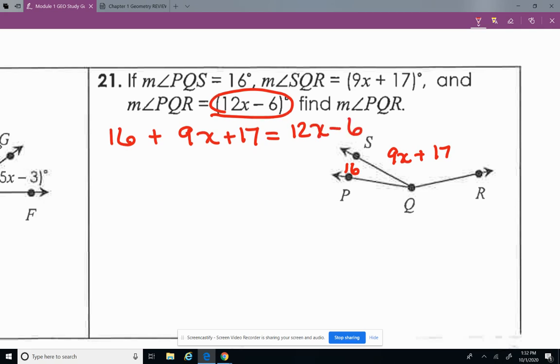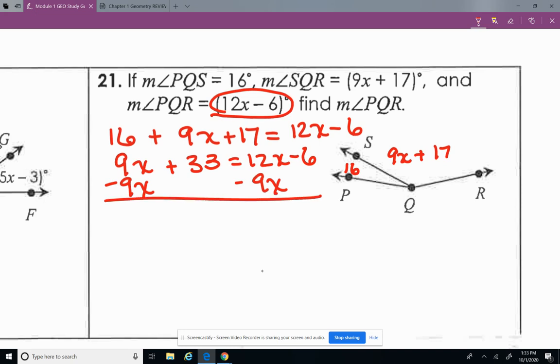All right, so we'll combine like terms on the left, and I have 9x plus 33 equals 12x minus 6. I'm going to subtract 9x from both sides. I'm going to get 3x. I'm going to add 6 to both sides. I'm going to get 39. I'm going to divide by 3, and x is 13.